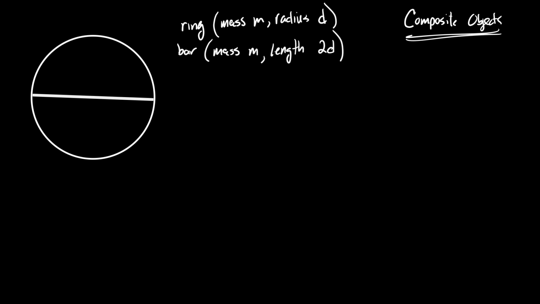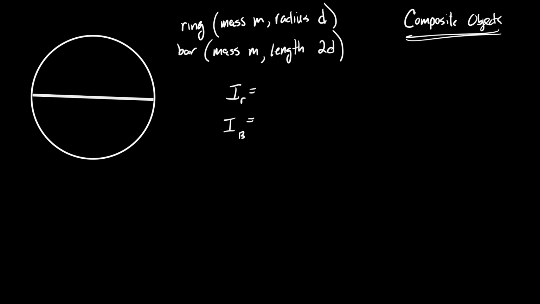And it's not particularly hard, and I'm going to show you how it's done, but moments of inertia add together. So we have two separate objects. We have the moment of inertia of the ring and the moment of inertia of the bar. Now again, there are the equations that we have for each object and its moment of inertia.